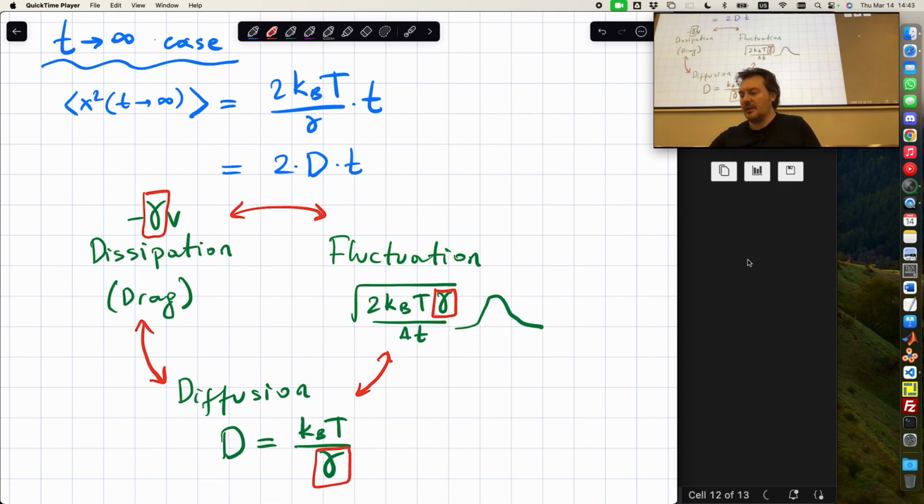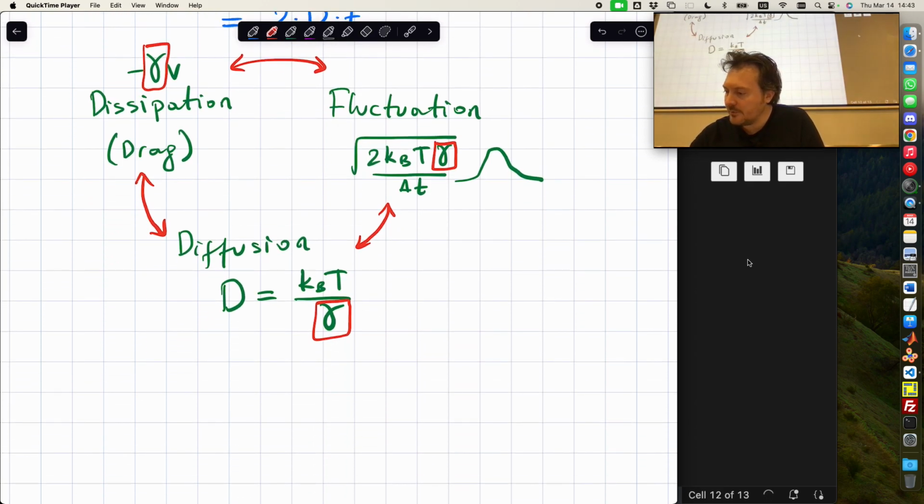You might ask me, can we derive gamma from our system? Does gamma itself have an equation? We just wrote gamma, right? For example, this is called the Stokes relation, the Stokes formula.